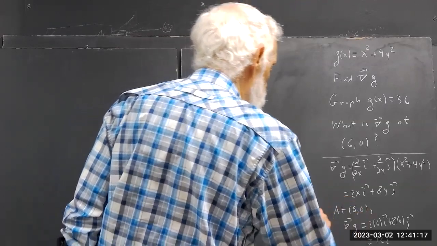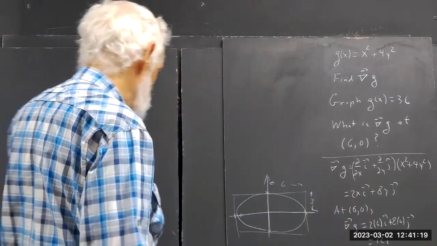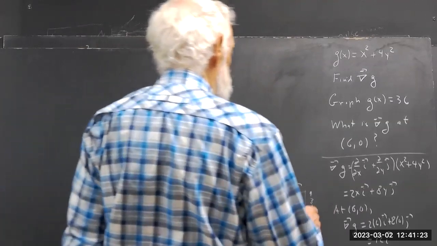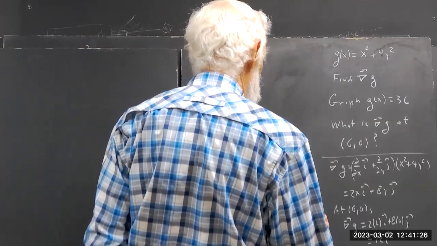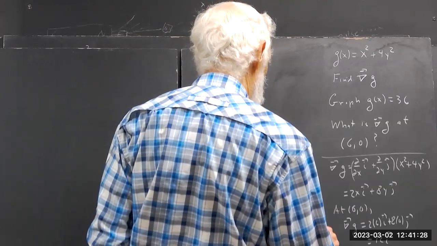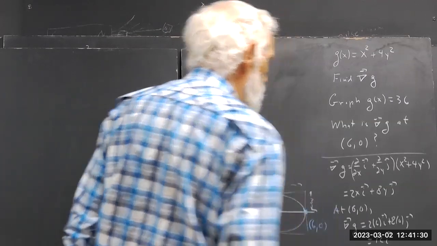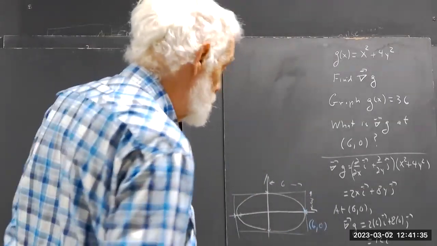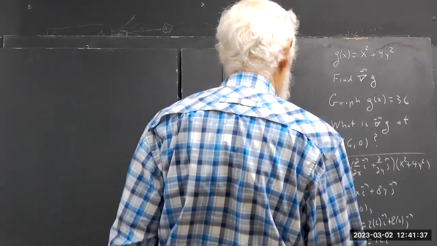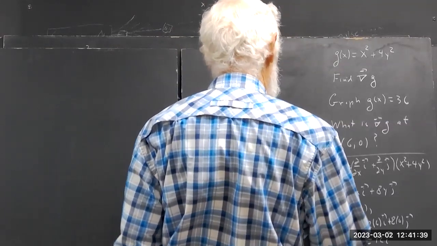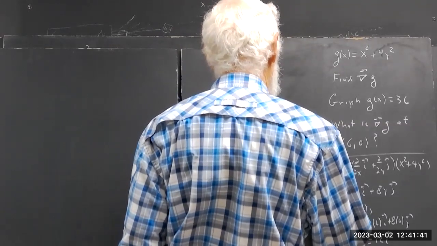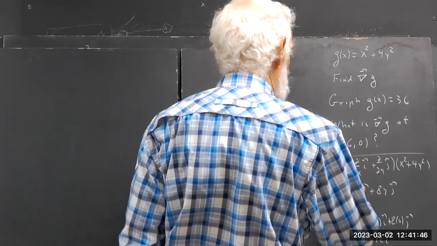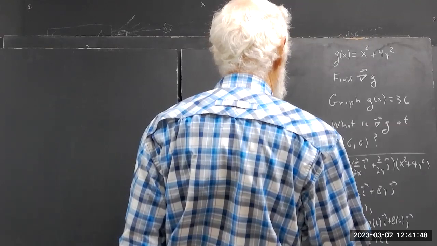And of course, 6, 0 is a point on this graph. Now, the gradient of g at 6, 0 is 12i.